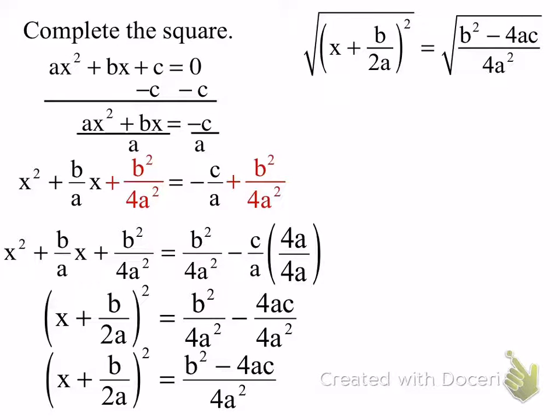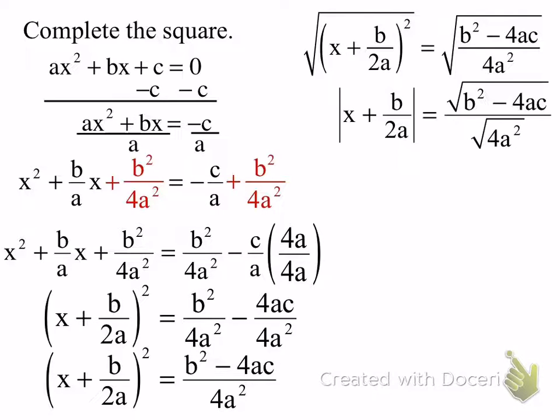Next step. What is the square root of this quantity on the left? Shaylin? Square root is x plus b over 2a. Close. What are we missing? The absolute value. The absolute value of x plus b over 2a.